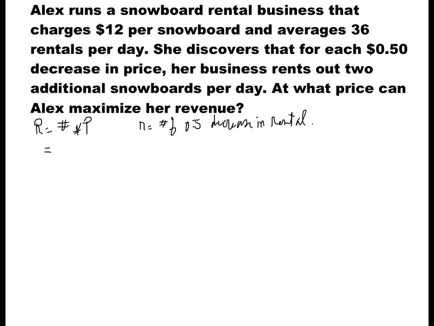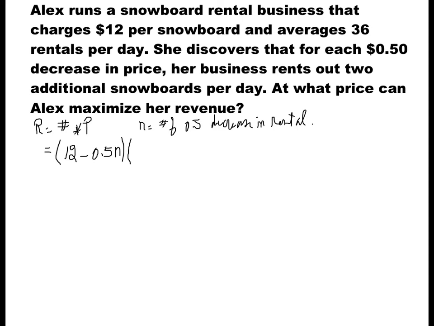So now I can write that revenue is equal to, if there is no decrease, we know that she charges $12, but if she decreases the price n times, meaning n 50 cents, so 12 minus 0.5n. Now the question is how many rentals she's going to have.